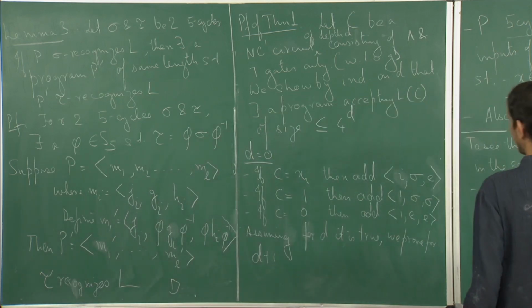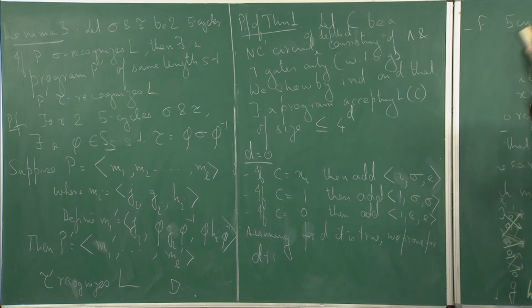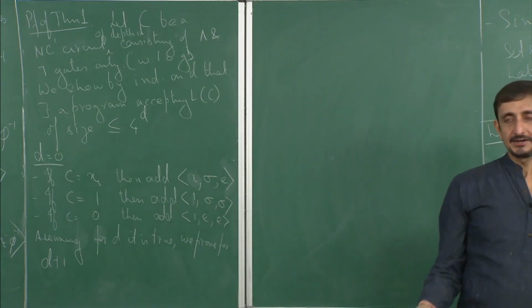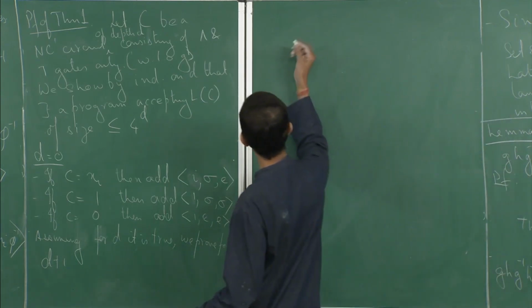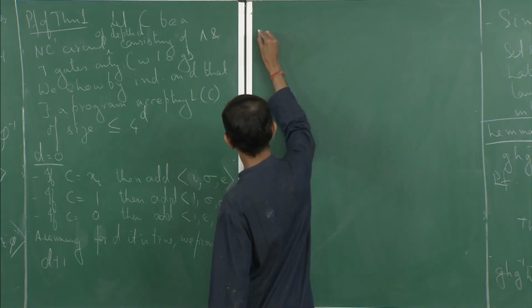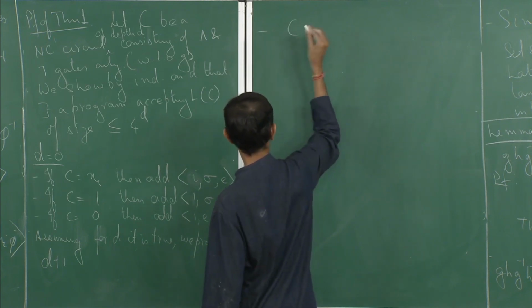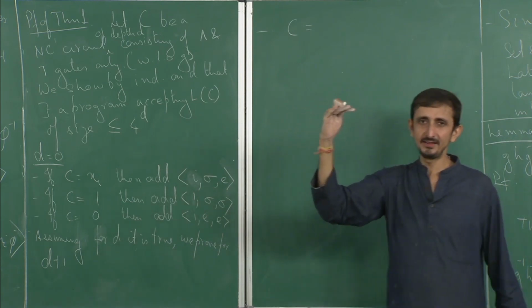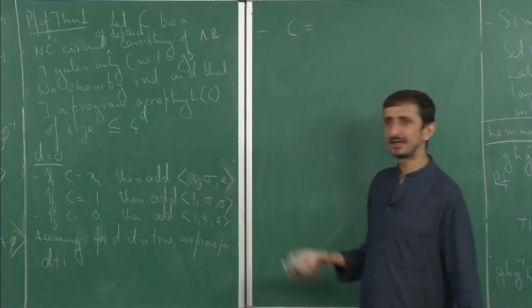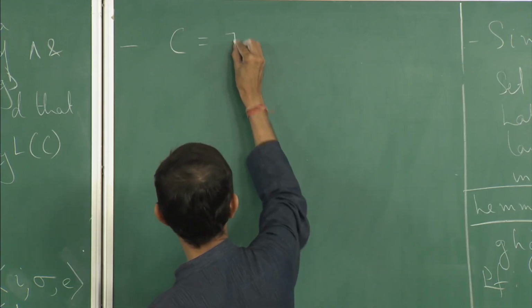So, we assume there is a program of size at most 4 to the power D for a circuit of depth D. Now, if C is a circuit of depth D plus 1, how does C look like? For D plus 1, there are two forms. The top gate can either be a NOT gate or it can be an AND gate. So, suppose the top gate is a NOT gate.